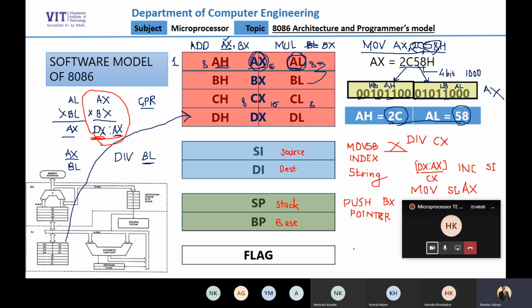And now we have to move on to the next important register present inside the architecture or software model of 8086. That is the flag register. The flag register plays a very important role whenever I have to perform decision making or looping.